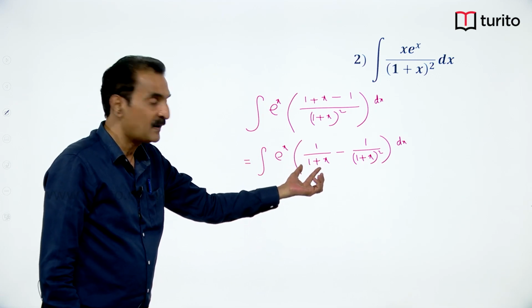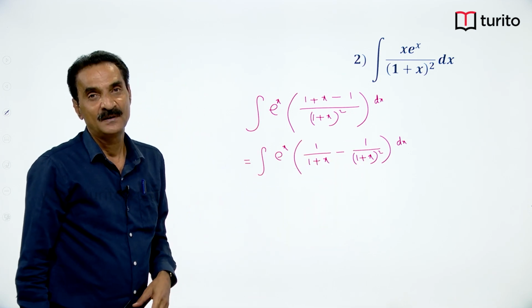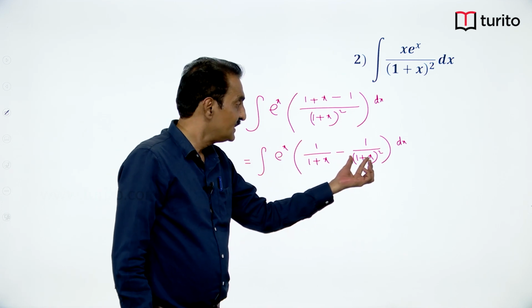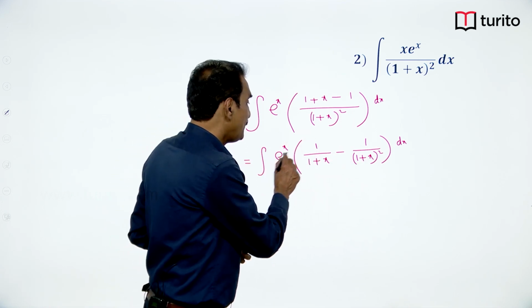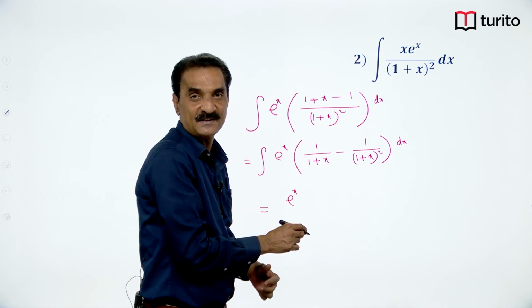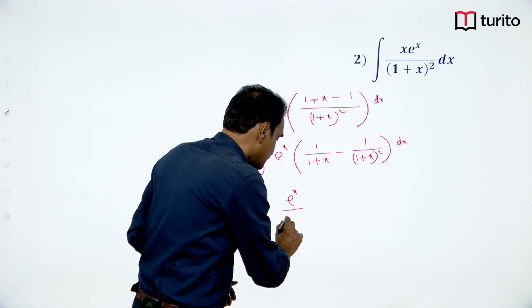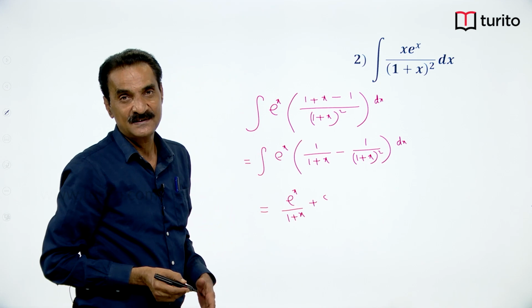Derivative of 1 by 1 plus x is minus 1 by (1 plus x) whole square. So, this is f of x, remaining is f dash x. So, what is the integral? e power x f x is e power x into 1 by 1 plus x, e power x by 1 plus x plus c.